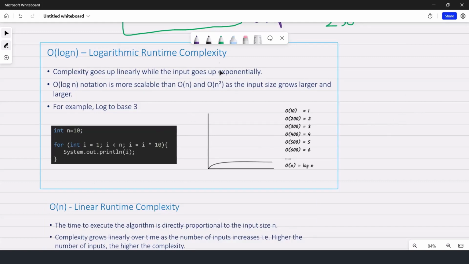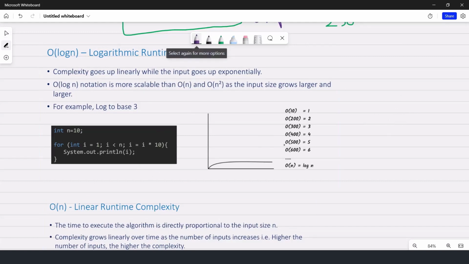Both can be analyzed. The time complexity of the code can be determined by examining this loop. In this case, the loop condition is i is less than n, and the loop increment is i equals i into 10.